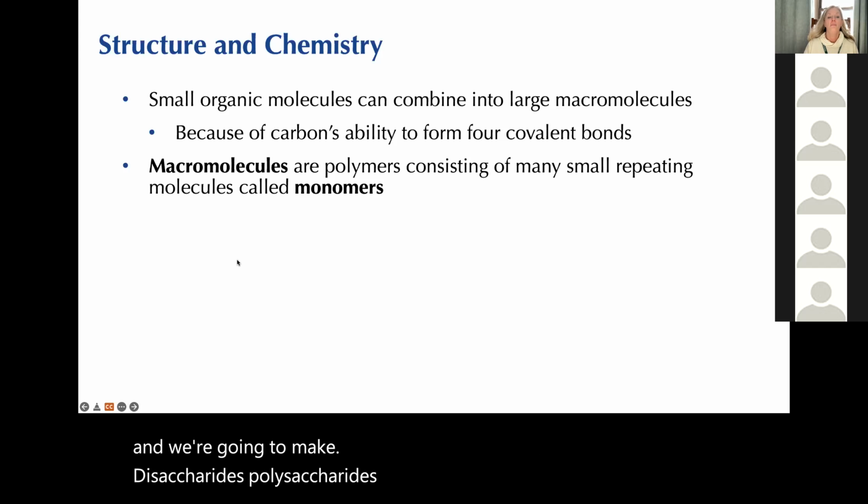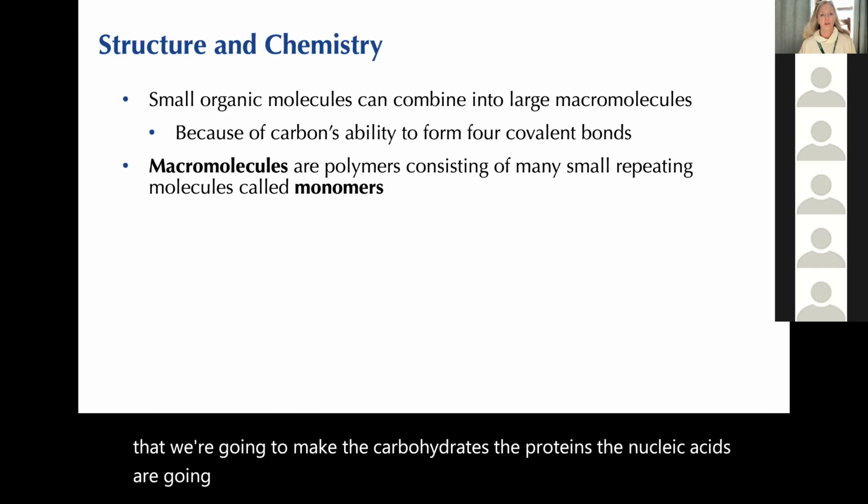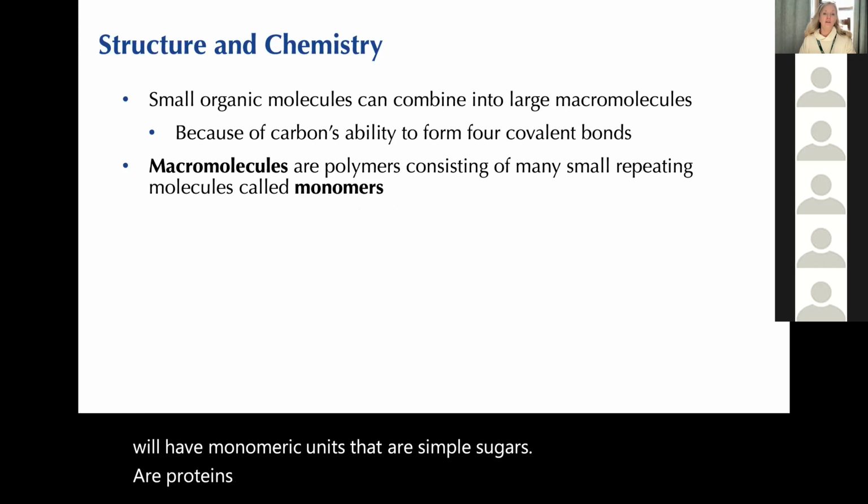So the macromolecules that we're going to make, the carbohydrates, the proteins, the nucleic acids, are going to be polymers of repeating units. The smallest repeating unit will be a monomer. So our carbohydrates will have monomeric units that are simple sugars. Our proteins will have monomeric units that are amino acids.